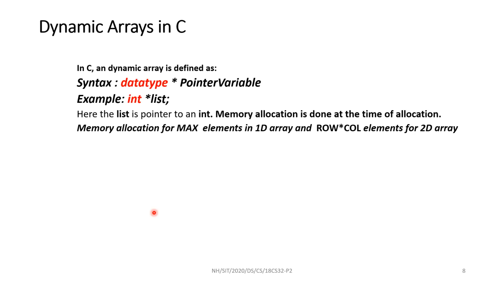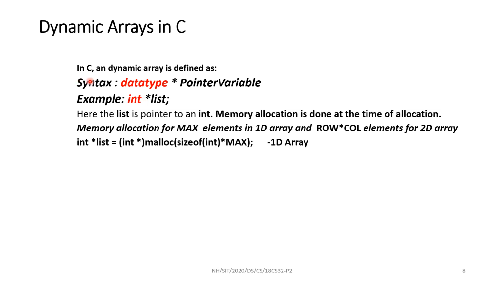The next is dynamic array. Here we make use of pointers. The syntax is the data type, star mark and the variable name. With the pointer, I'm going to declare a pointer variable with which I can reserve any number of free memory locations to make that as an array.